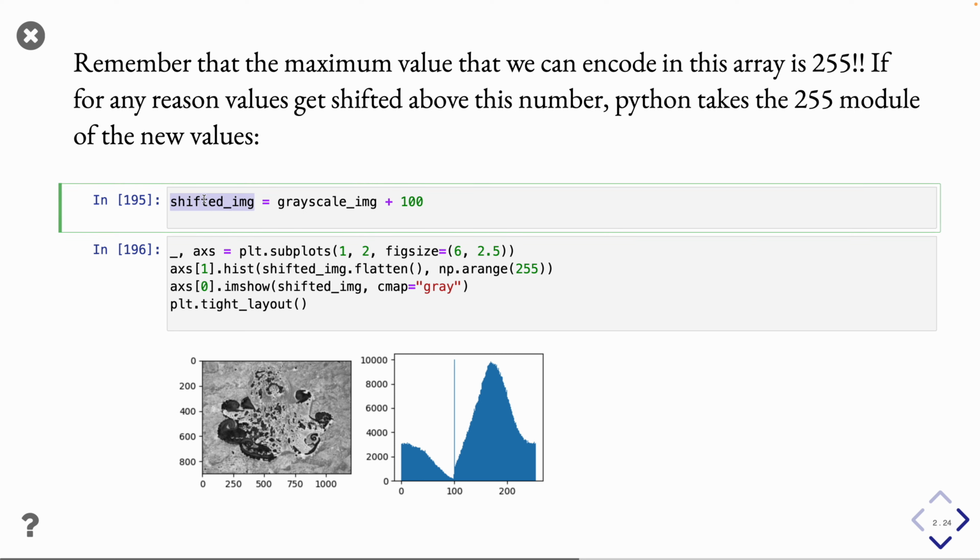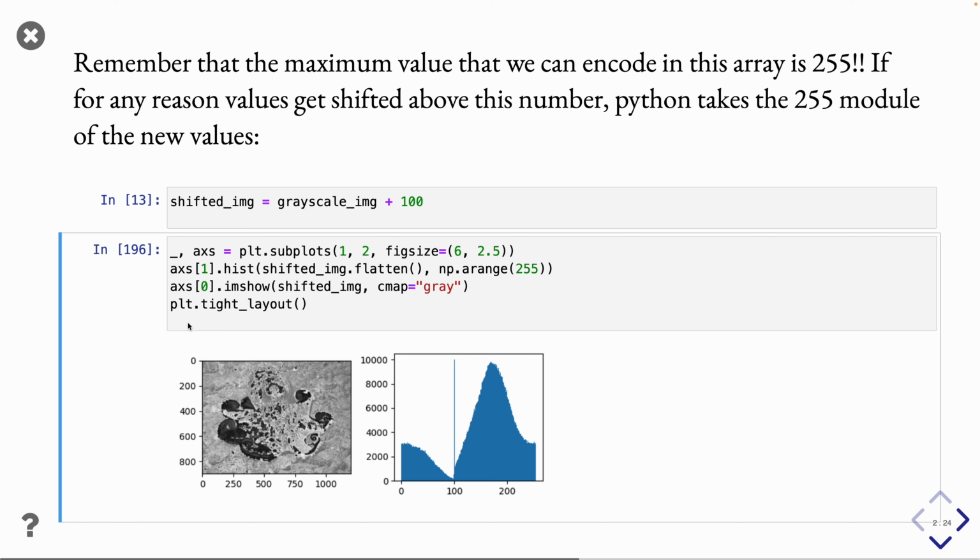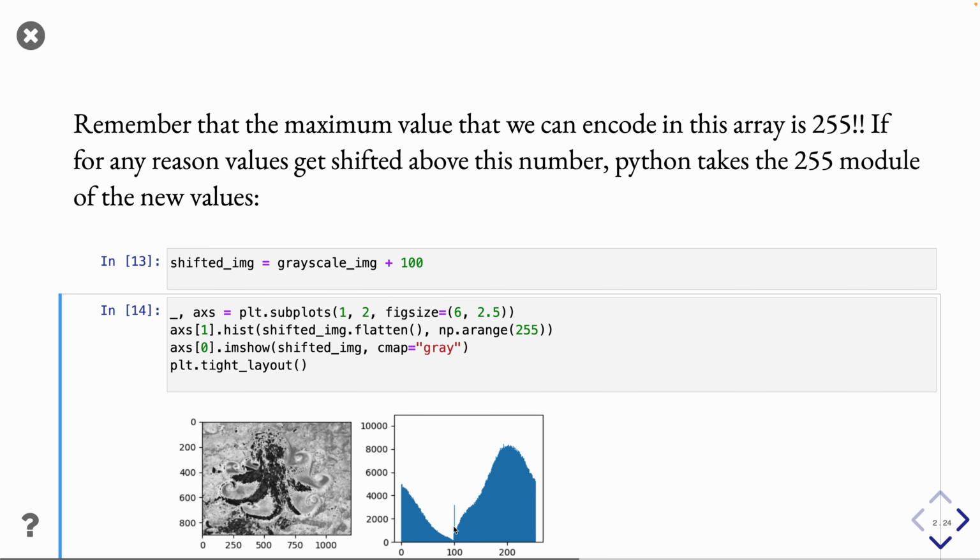If you take this image and add an arbitrary value, let's say 100, then since the type of this matrix allows only numbers up to 255, if the value of the pixels goes above 255, it starts from 0 again. If we do this sum and look at the histogram, we can see that the whole histogram has shifted, and what was on that side entered back from 0.